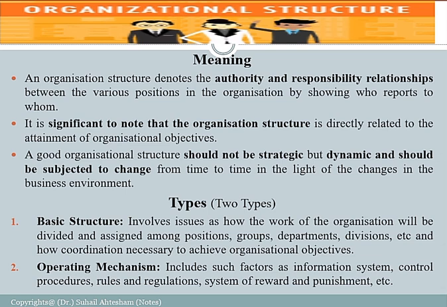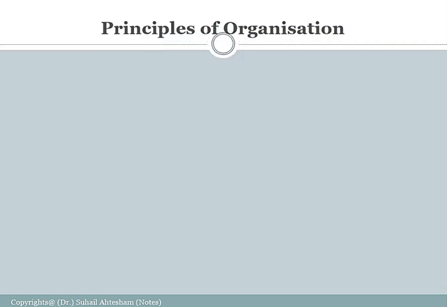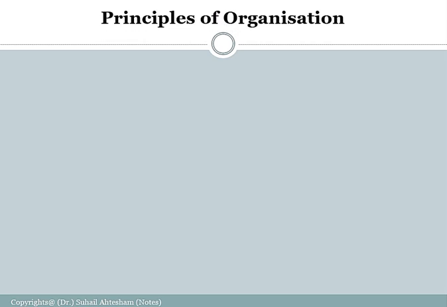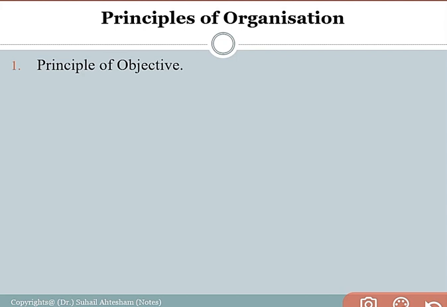So coming towards the various principles of organization. The first principle of organization is the principle of objective. There must be a well-defined and well-determined objective of the organization for which the organizational structure has been prepared for achievement of organizational objective.